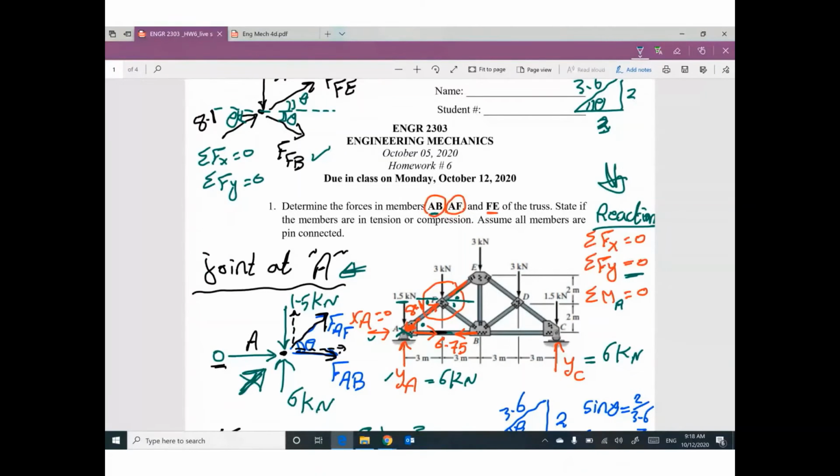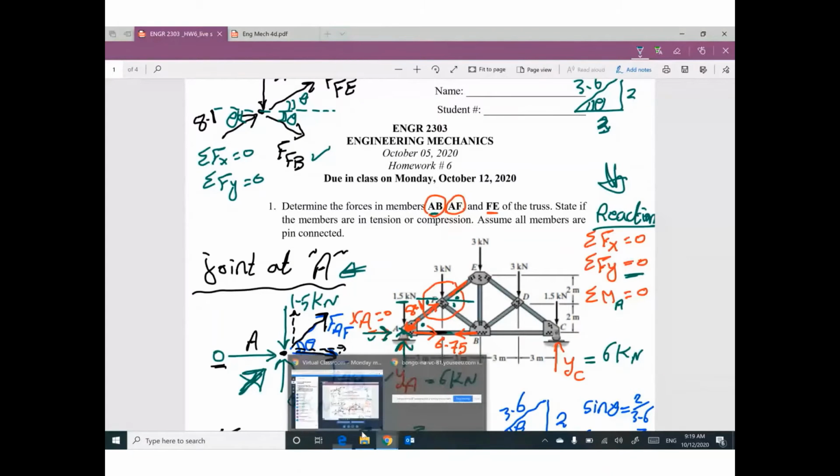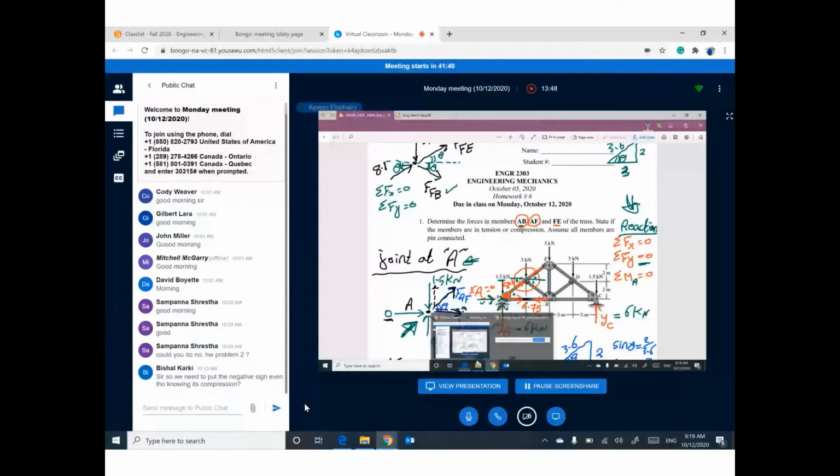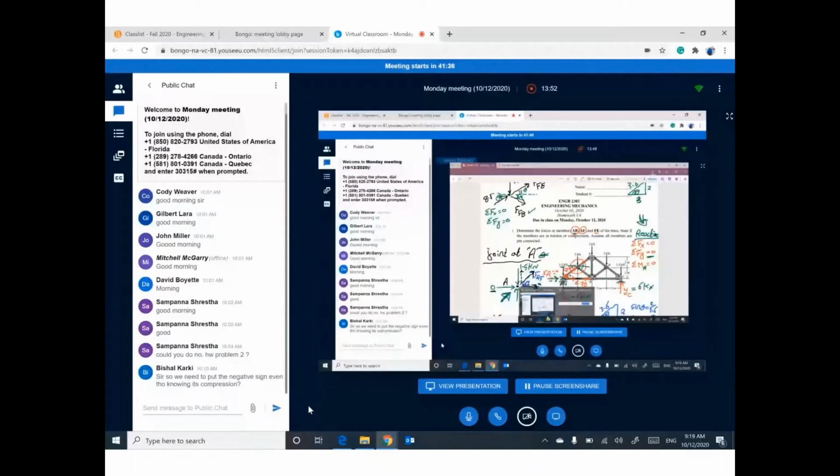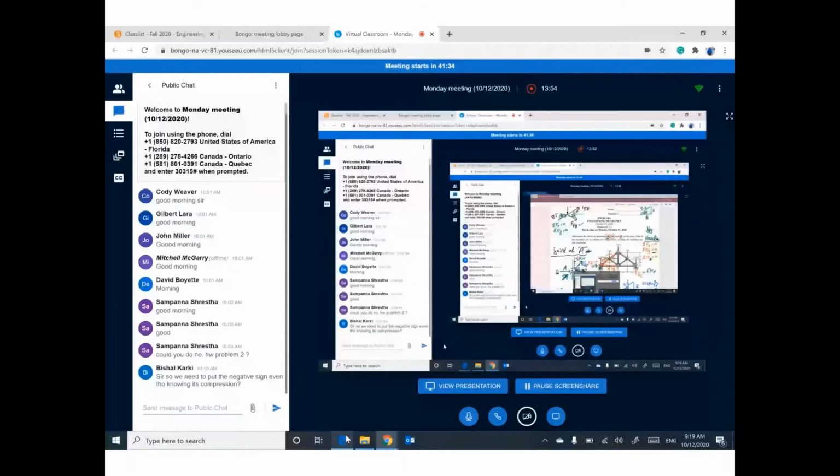Joint means point, only one point. You have to put everything intersecting at this point. Everything, please don't forget anything at this point. Any question?